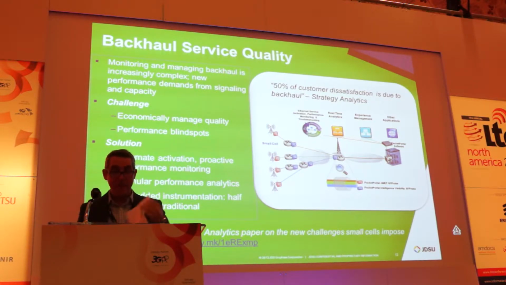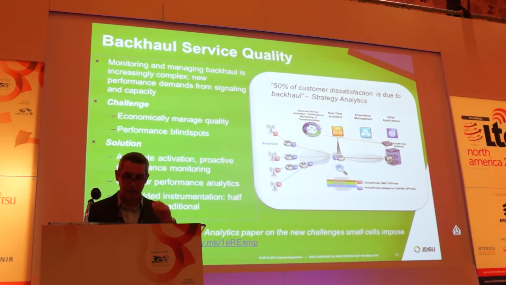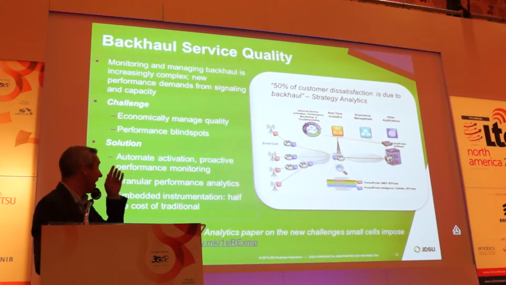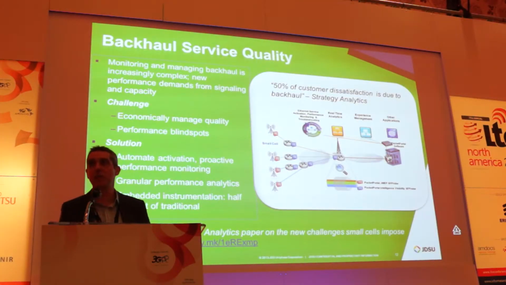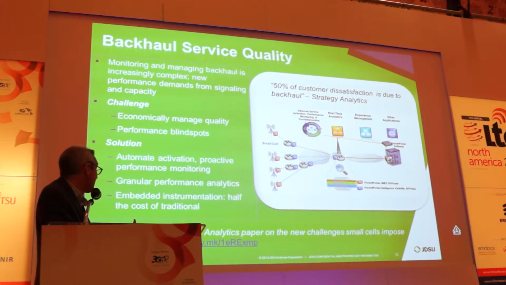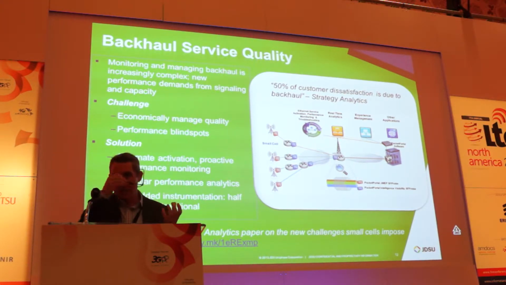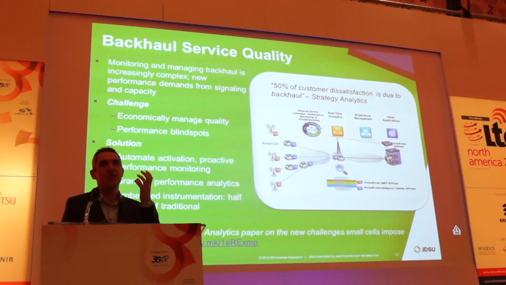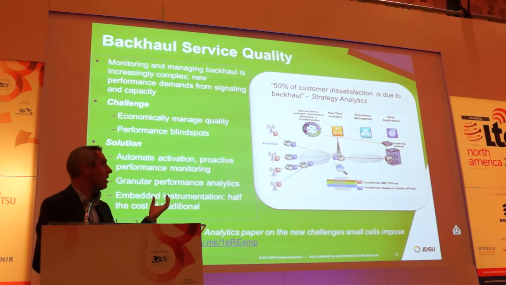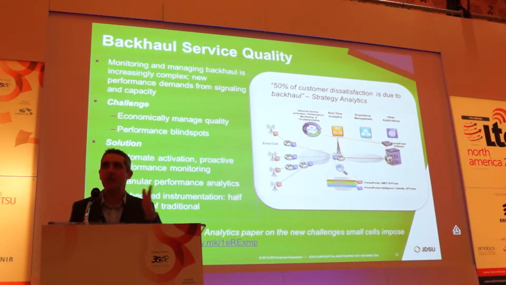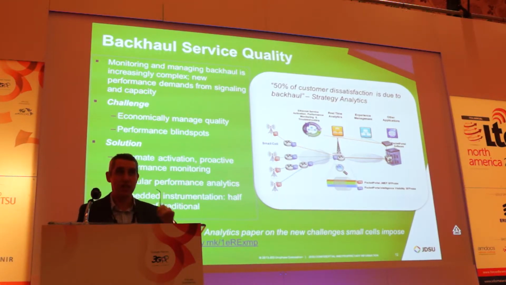Looking at ways to embed instrumentation into this environment, where you can economically manage that quality of experience through the backhaul network, and do that at activation and performance monitoring through the port. So you can, for example, use embedded smart SMP type technology as your capture engine at each hop to get a whole view of the backhaul. So if you've got your front haul view, your back haul view, and your service testing view, you're in a good position, all right?